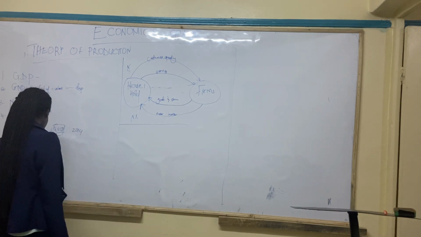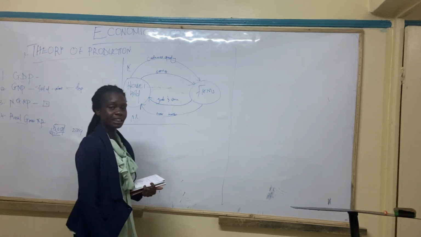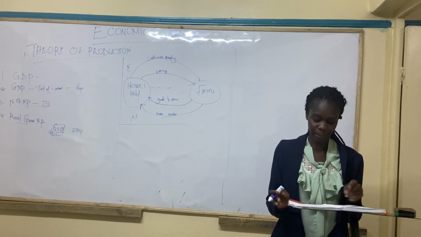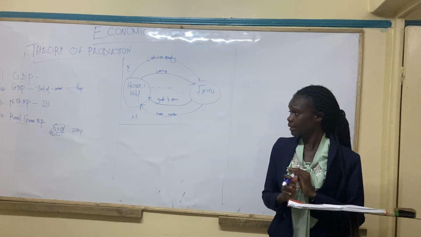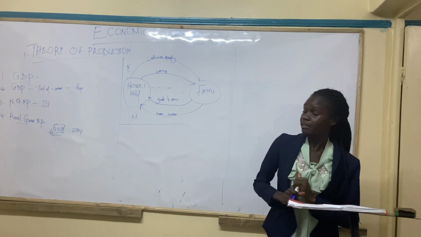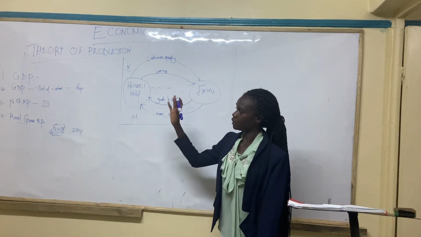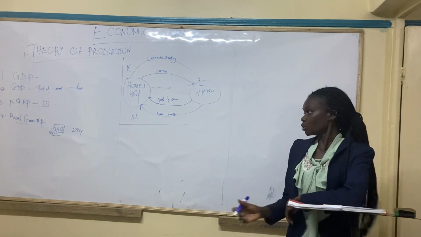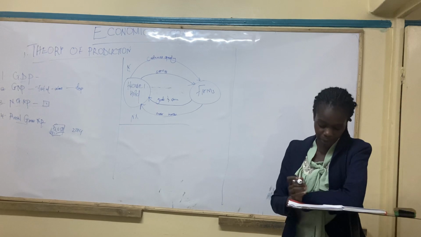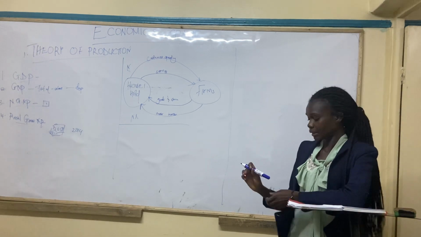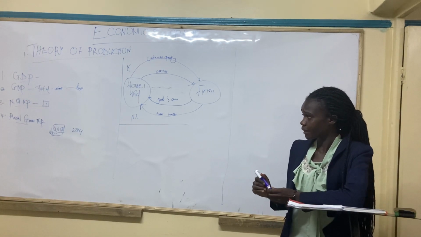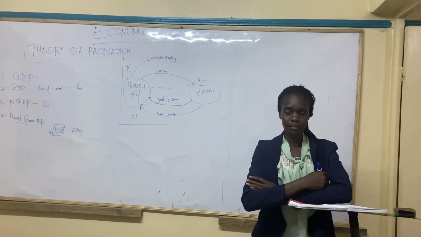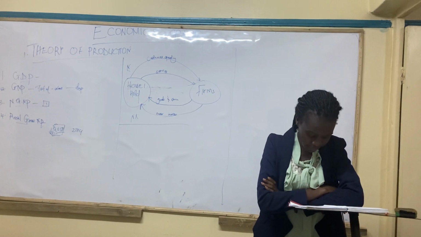And we go to approaches to measuring national income. This is how we measure GDP, GNP, real gross product. So all those are being measured by, the first one, the national output, what a country produces.